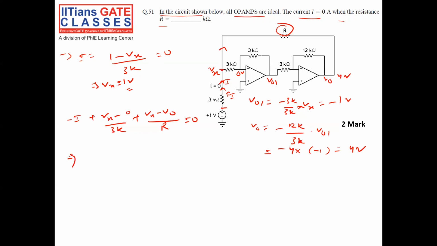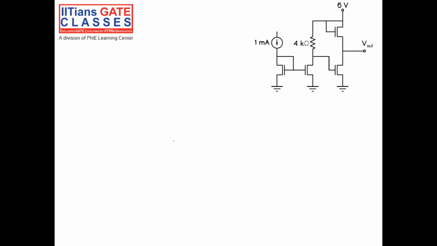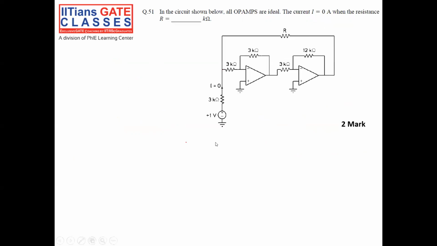Since I is given 0, Vx is 1 volt, and V0 is 4 volt. Oh my god, somehow it got erased.